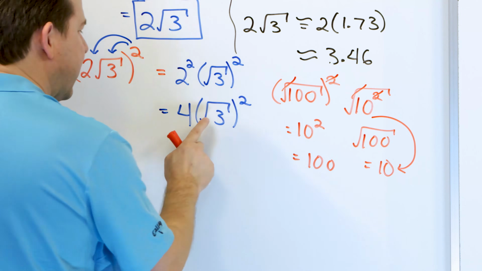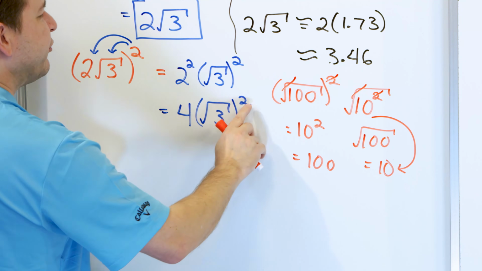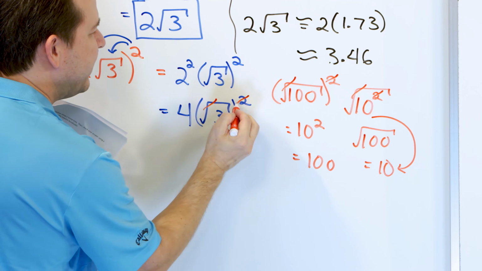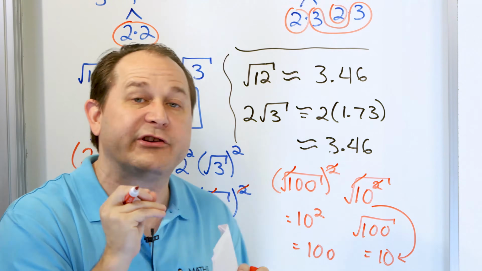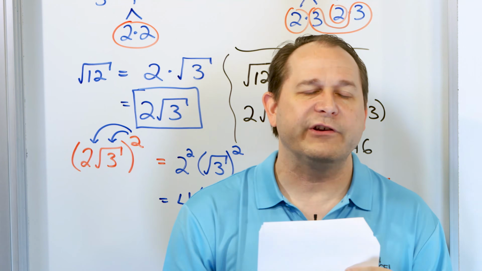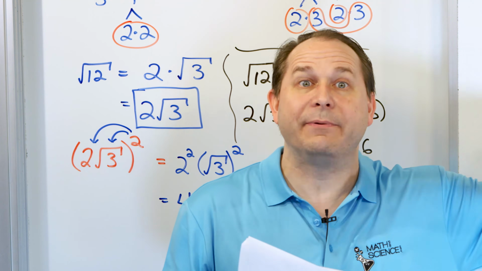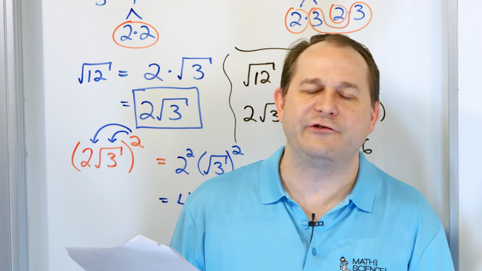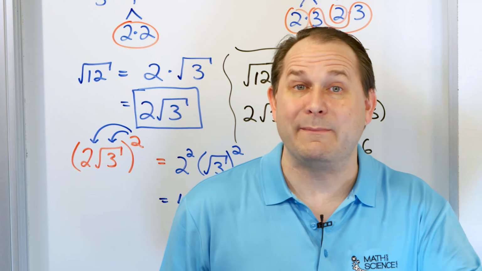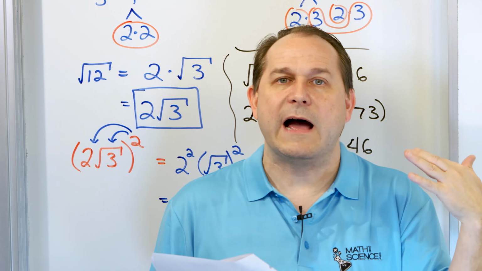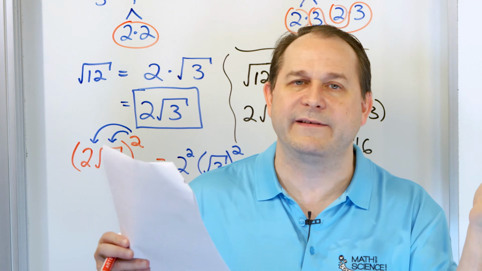But here, notice that we have the square root of 3, and then we're turning around and squaring it. So this square root cancels with the square operation because those are actually called inverses. It's just like when you add 5. If I add 5 to something and then do the opposite, subtract 5, then I really have not changed anything. If I multiply by 10 and then turn around and divide by 10, doing the opposite, then I've not changed anything because those are opposite operations.